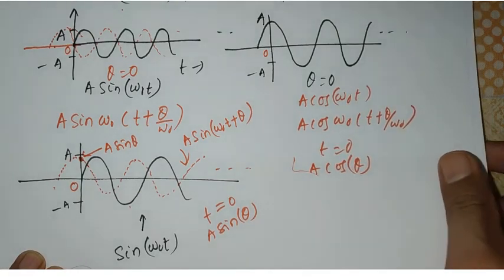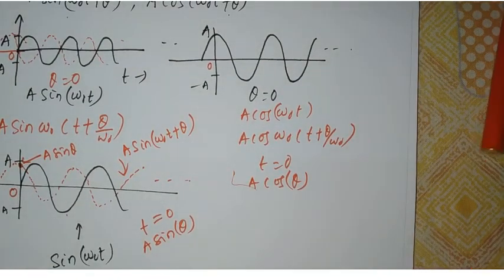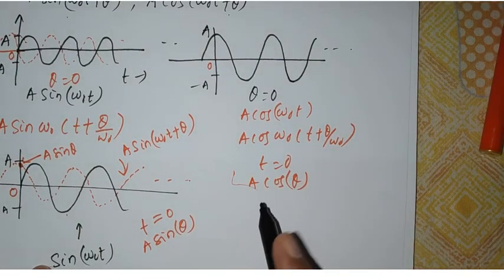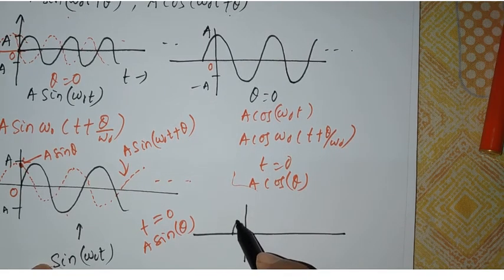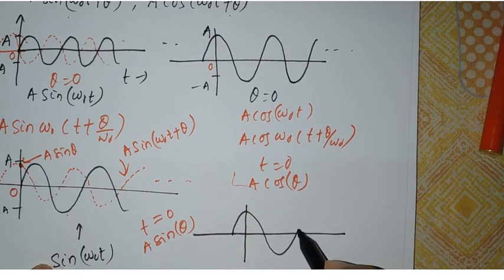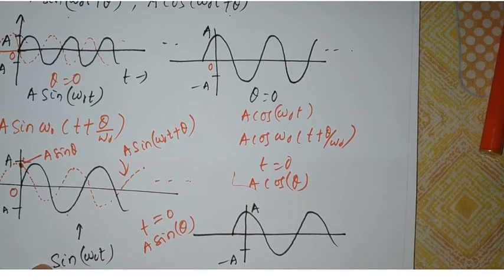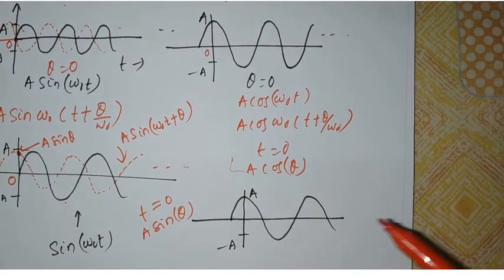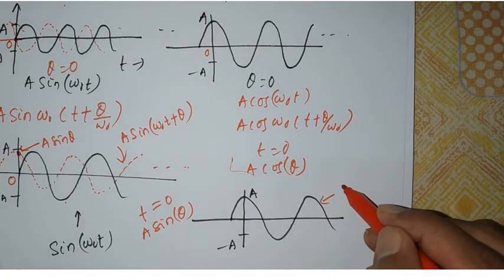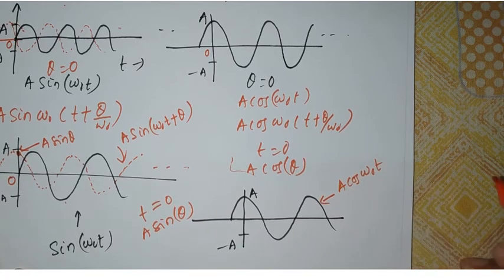If you want to plot it, I am just giving some approximate plot, not exact. If you plot it, then you get the exact plot. See, A, minus A. This is A cos of omega 0 t.